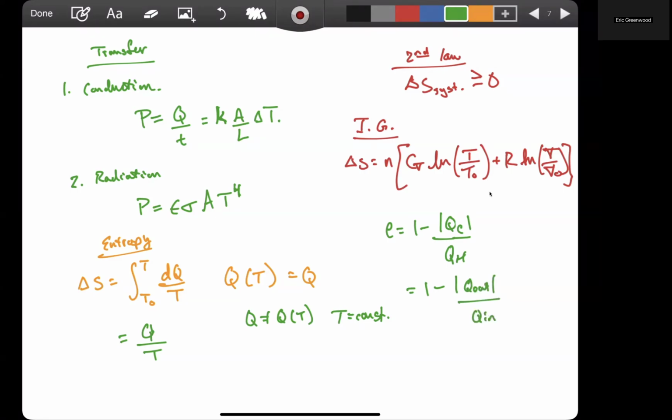Right, so the heat flowing in versus the heat flowing out. And then finally, we have our Carnot efficiency, which is 1 minus the lowest temperature, T cold, divided by our highest temperature, T hot. So this is our Carnot efficiency.